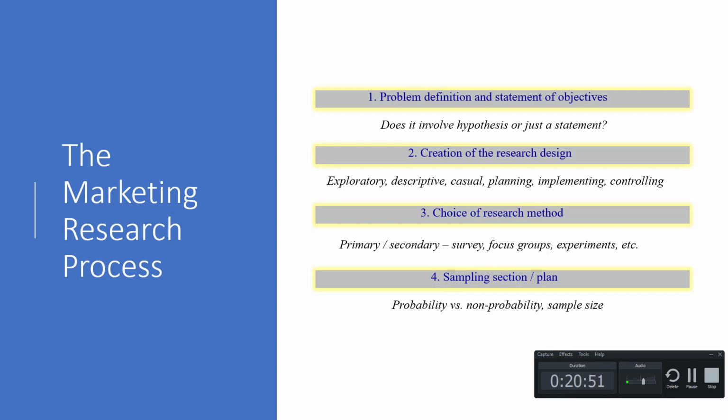The kind of research objective determines what kind of research design or research plan we might have. So we have three big categories of research design.